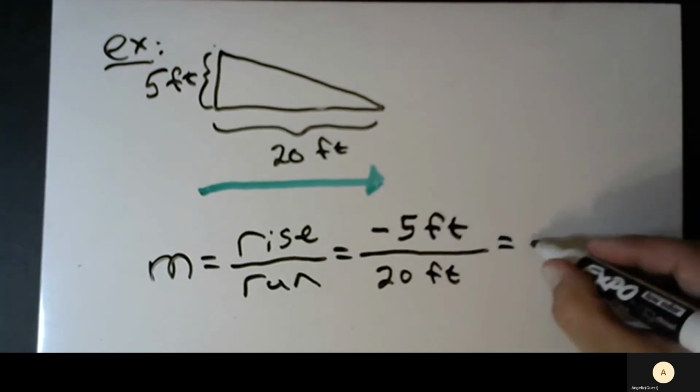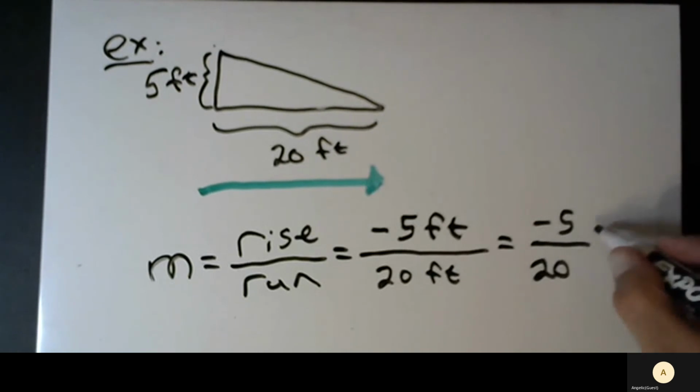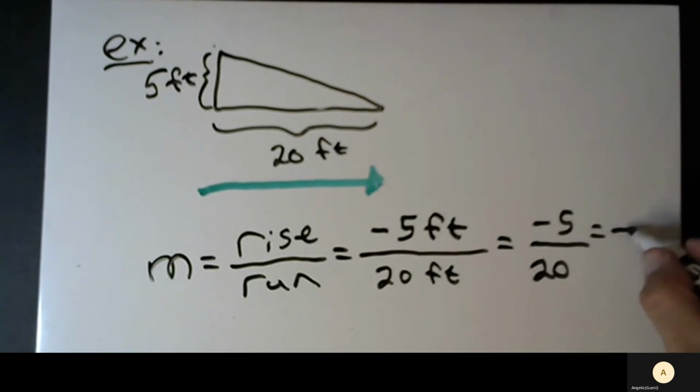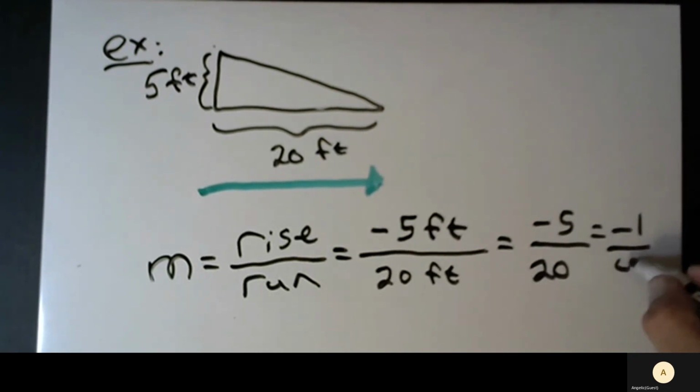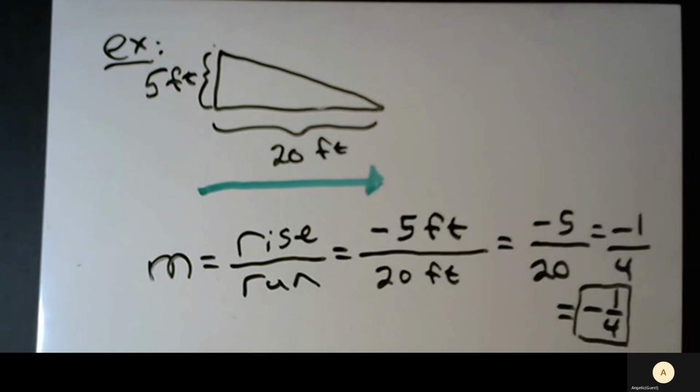And then the feet can cancel out, and this will reduce to -1 over 4, or as we typically write it, we put the negative in front of the entire fraction. We get -1/4. So questions about that?